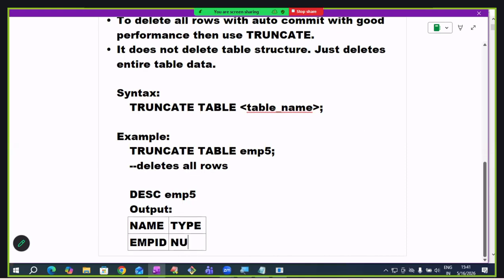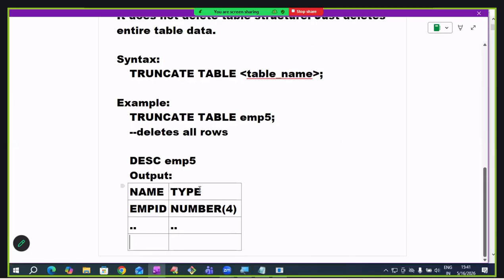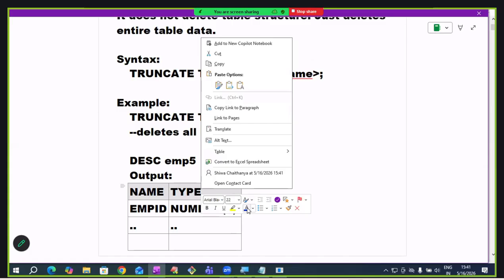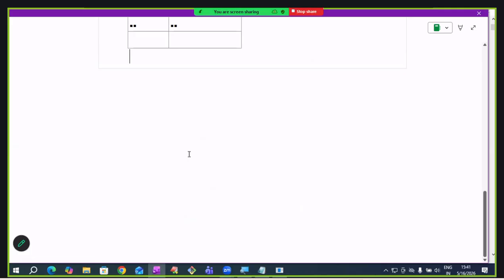Employee ID, its data type. Employee name, its data type, like this. Structure it is showing, means structure not deleted. Only all rows deleted. This is a proof. Or otherwise, you can write select star from EMP5. We get output as no rows selected.